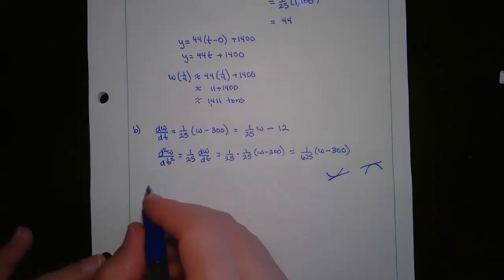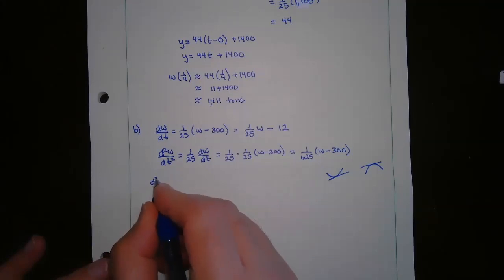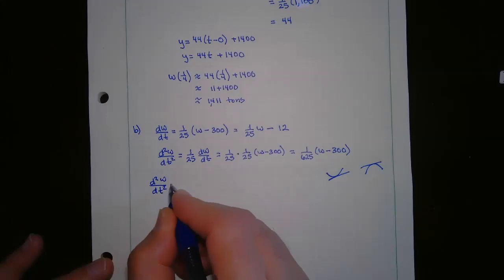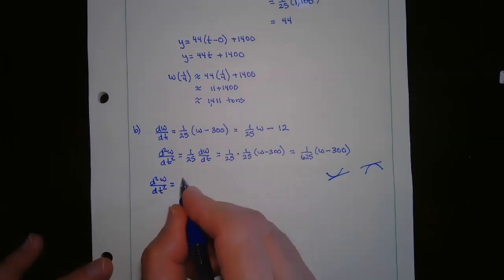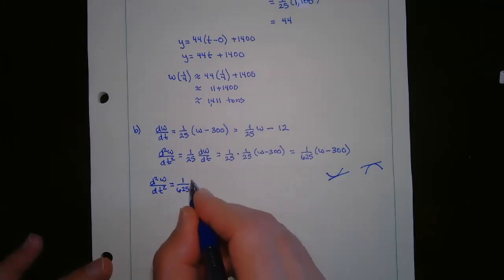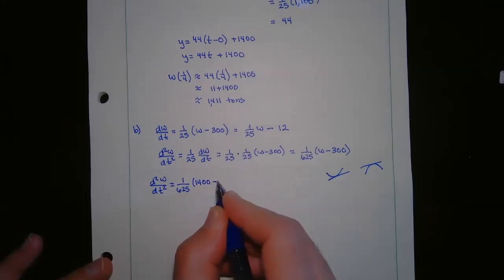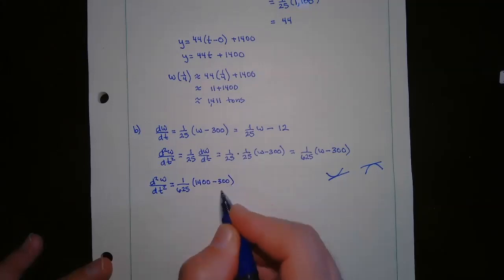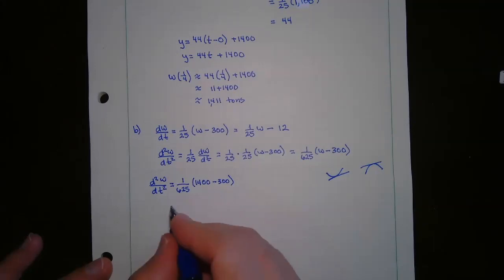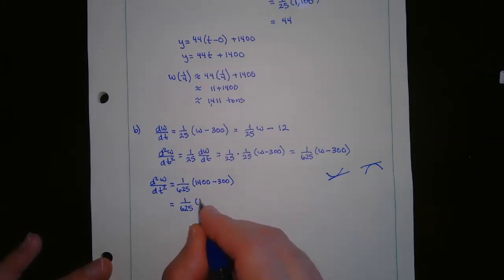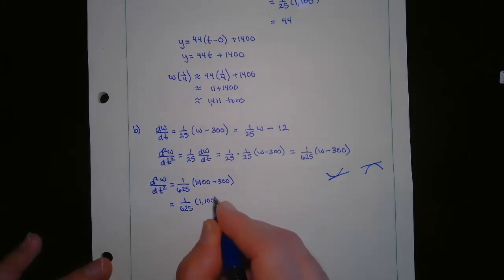So we have to find the second derivative of W with respect to t, and that's equal to 1 over 625 times 1,400 minus 300. Now, 1,400 minus 300 is 1,100, right? So this is 1 over 625 times 1,100.